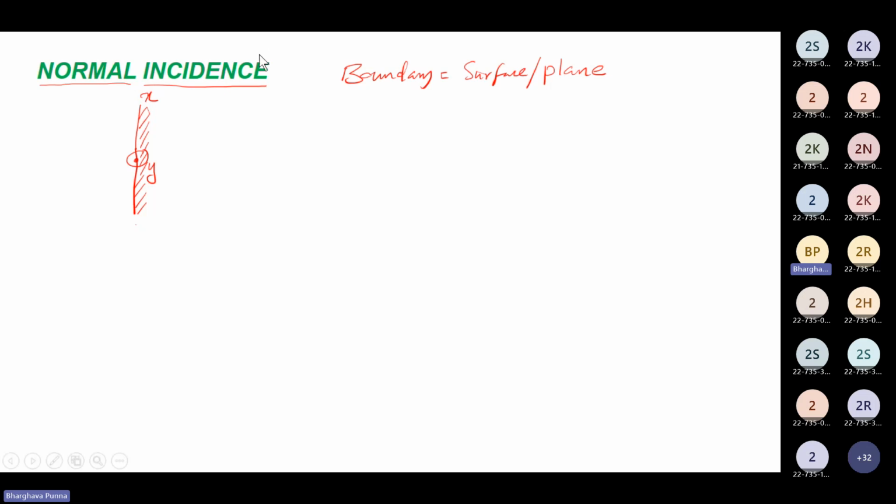Now you have to visualize the boundary, that is the xy plane. x is the vertical line you are observing, and y you are not fully observing, just dots are given. The positive y-axis is coming out of the board, so visualize that properly. This xy plane divides the space into two parts: the left side and the right side.